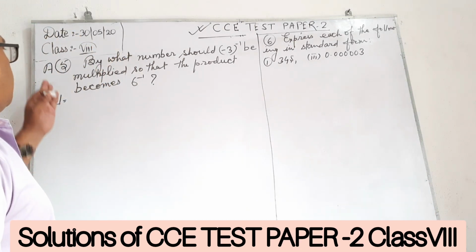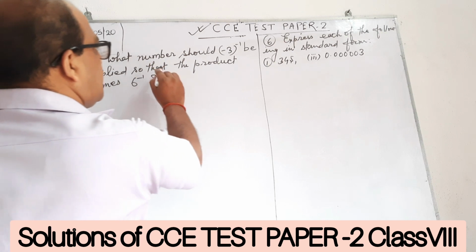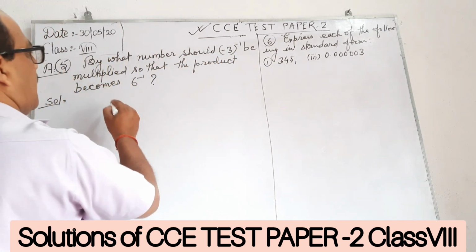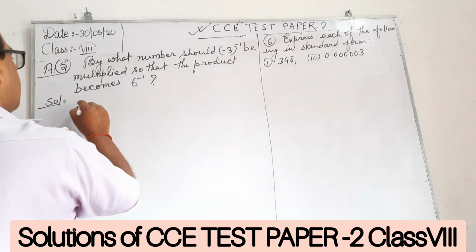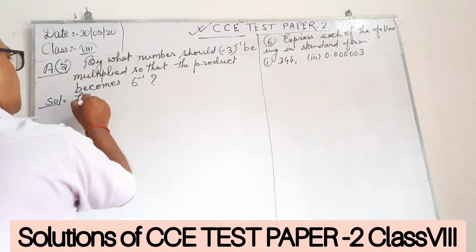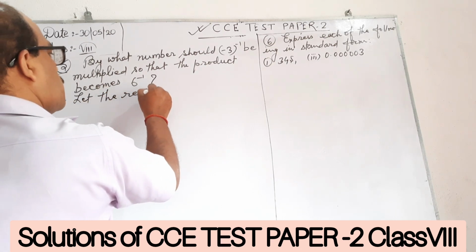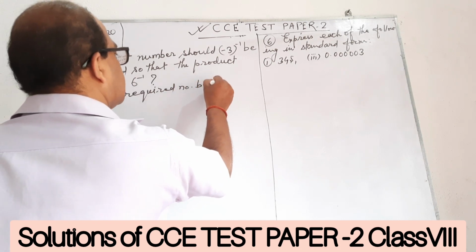See here in question number 5, part a, by what number should minus 3 to the power minus 1 be multiplied so that the product becomes 6 to the power minus 1? Again you will write, let the required number be x.